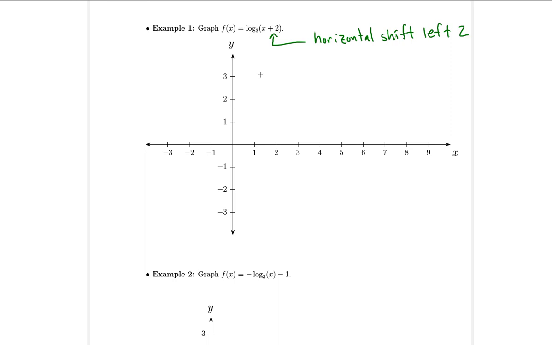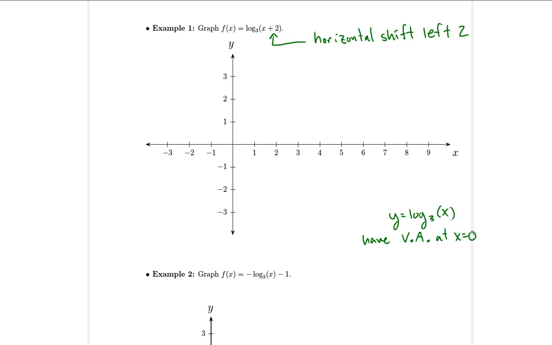So let's think about what the important parts of the logarithm graph are. It's those couple of points that we talked about, and it's the asymptote, right? Now, normally, the graph of y equals log base 3 of x has a vertical asymptote at x equals 0, right?